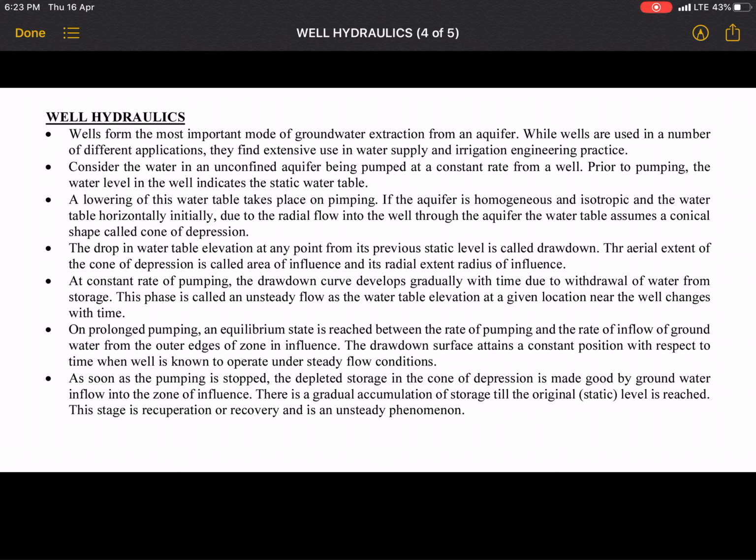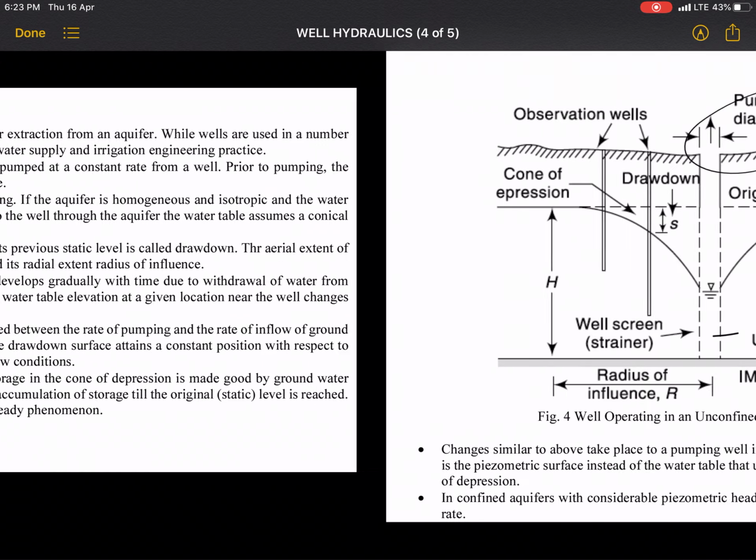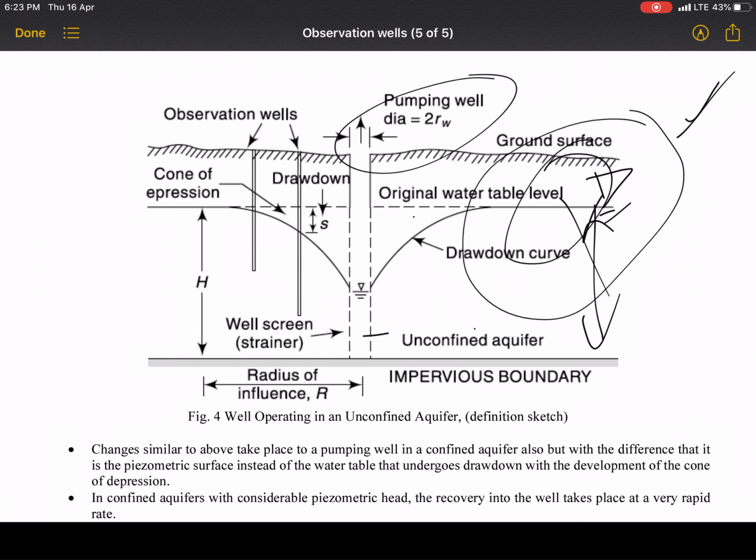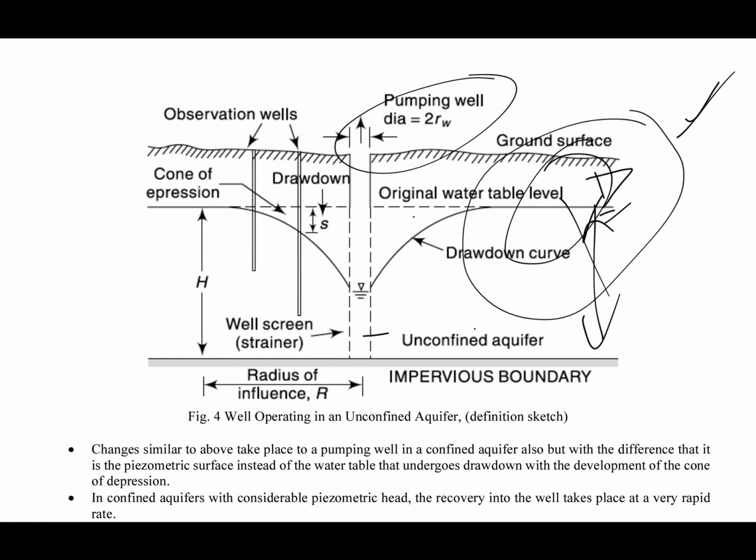In case of an unconfined aquifer, this reduction will be compensated very gradually, very slowly. But in case of artesian wells, the compensation happens very soon, like the moment we stop the pumping, within 2 or 3 seconds. Okay, I think this is clear to you, so let me stop here.